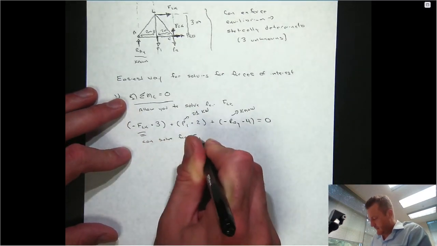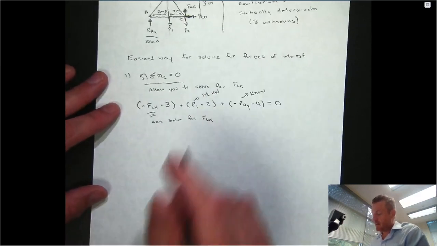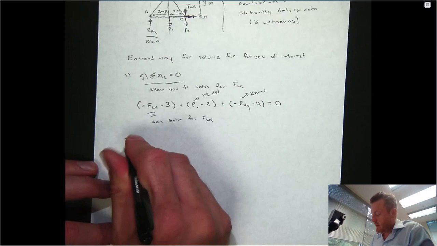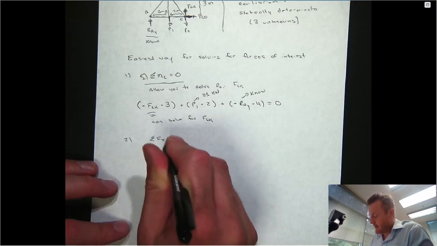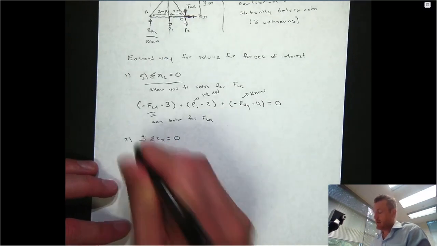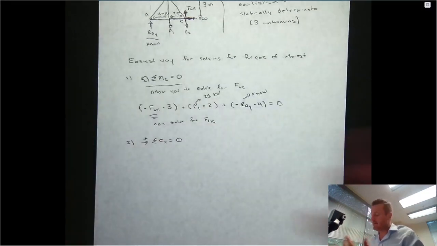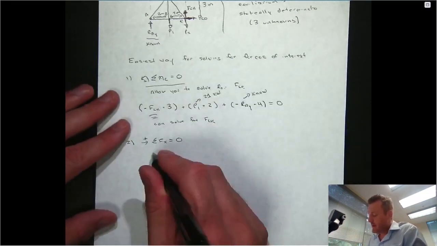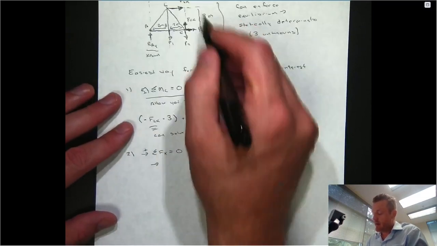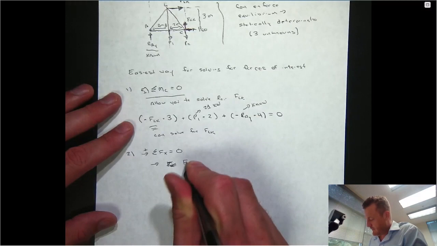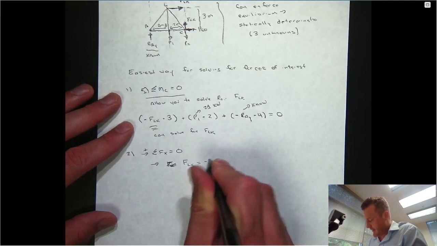So you're going to be able to solve for FLK. And then once you've solved for FLK, what you want to do is sum all forces in the x direction and set those equal to 0 using a positive sign convention. You could use negative, but that's the way we usually do it. And what this is basically going to show you is that FLK is equal to minus FCD.